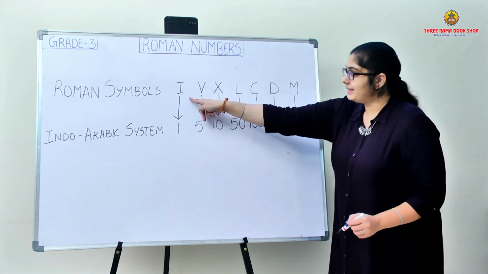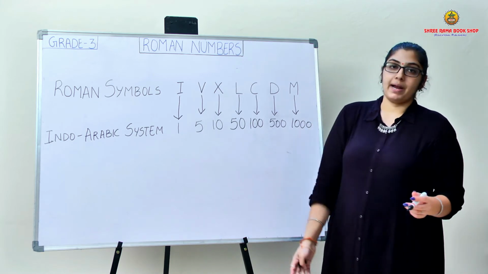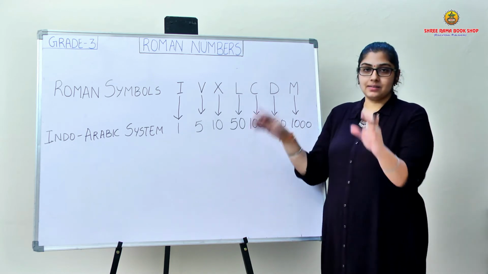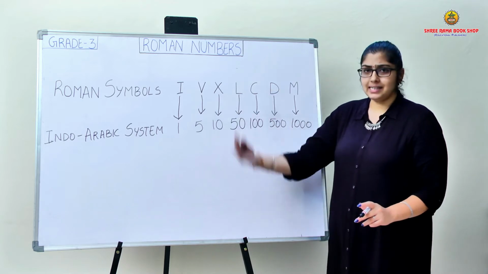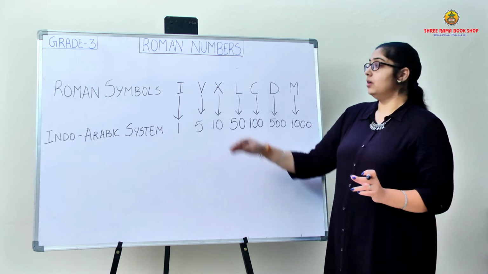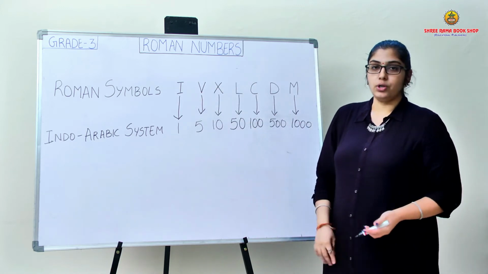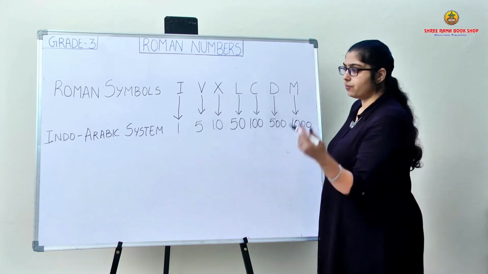You can find these symbols in our day-to-day life on clocks, on railway platforms or on bus numbers. On buses, the bus number is represented by Roman symbols. Also in your school, think about which class you belong to.